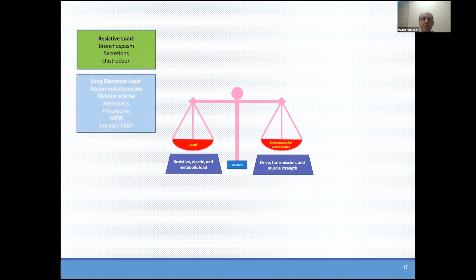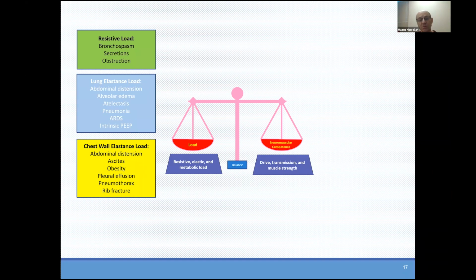It could be elastic load from the lungs itself, alveolar edema, atelectasis, pneumonia, ARDS, or intrinsic PEEP. It could be elastic load because of the chest wall and the abdomen, abdominal distension, obesity, ascites, pleural effusion, pneumothorax, rib fracture, or could be a minute ventilation load, such as cases of sepsis, hyperthyroidism, excess calorie, hypovolemia.